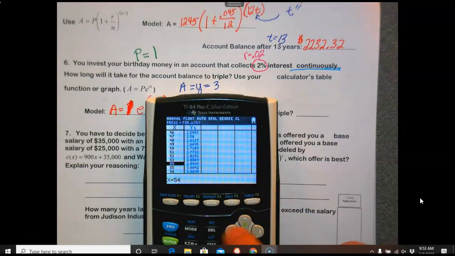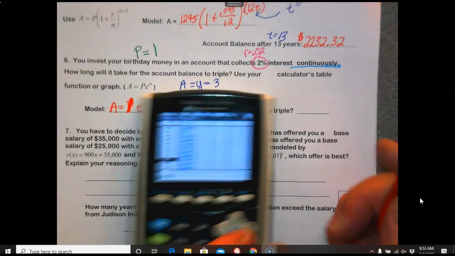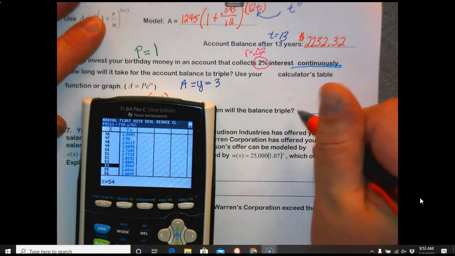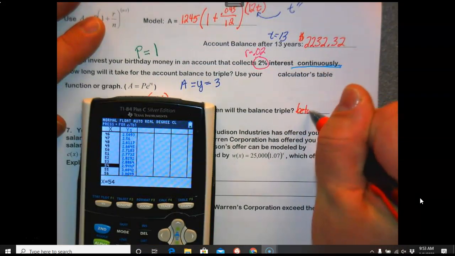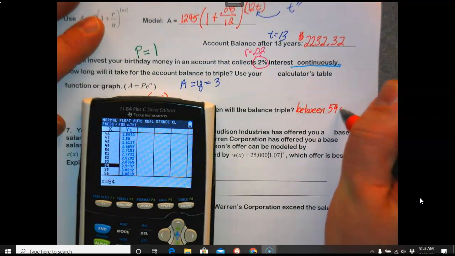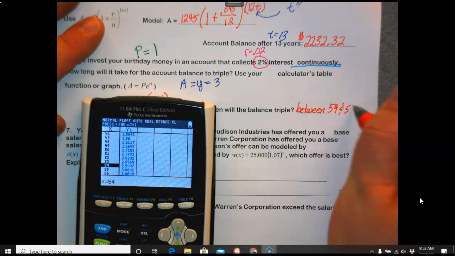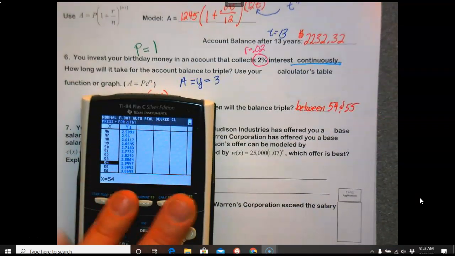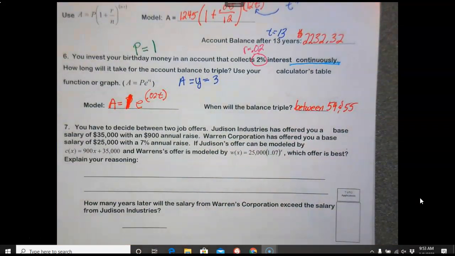So between 54 and 55. Okay, between 54 and 55.